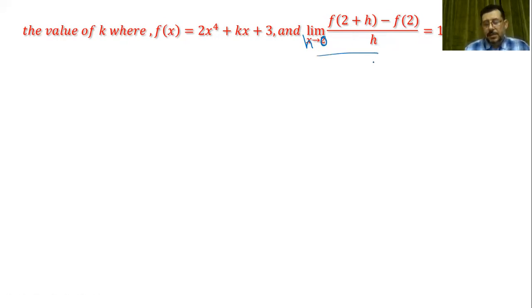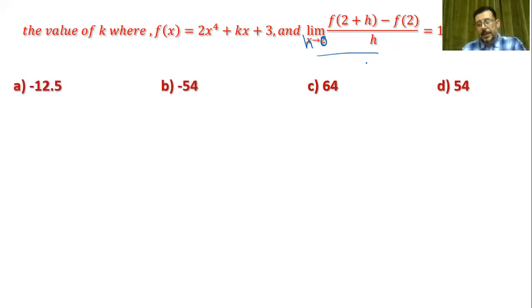This is the definition of the limit of f of 2 plus h minus f of 2 over h as h approaches 0. It means it equals f prime of 2.